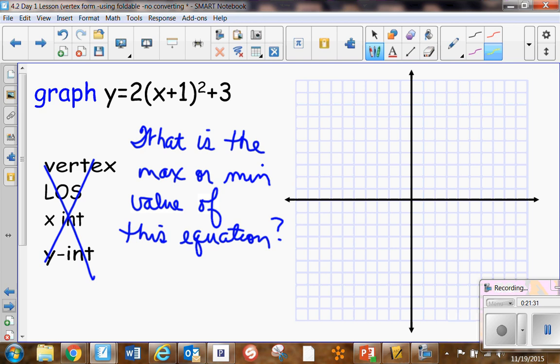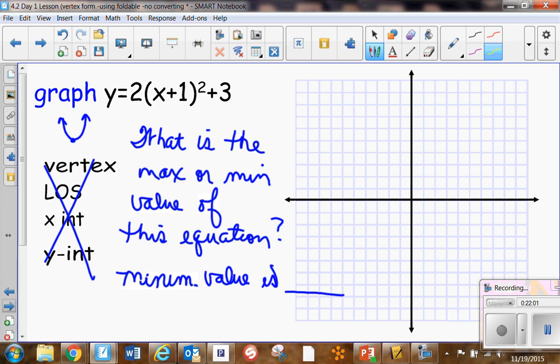Let's sketch the graph before you decide. Positive a, so it's going to go like this. The vertex is the minimum, the lowest point on the graph. So I'm going to have a minimum value.